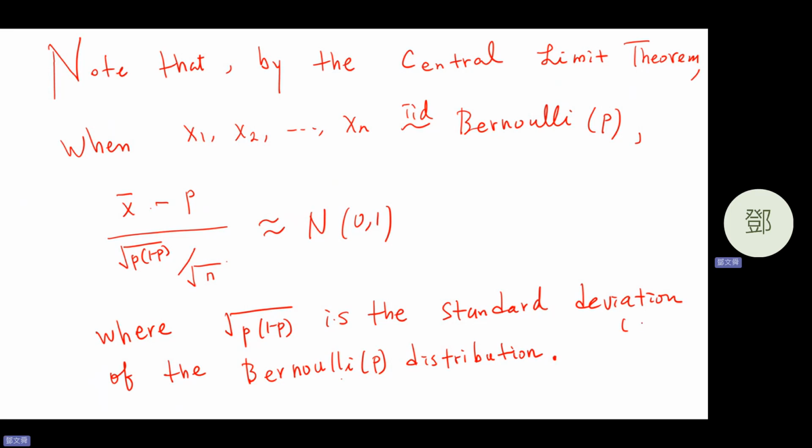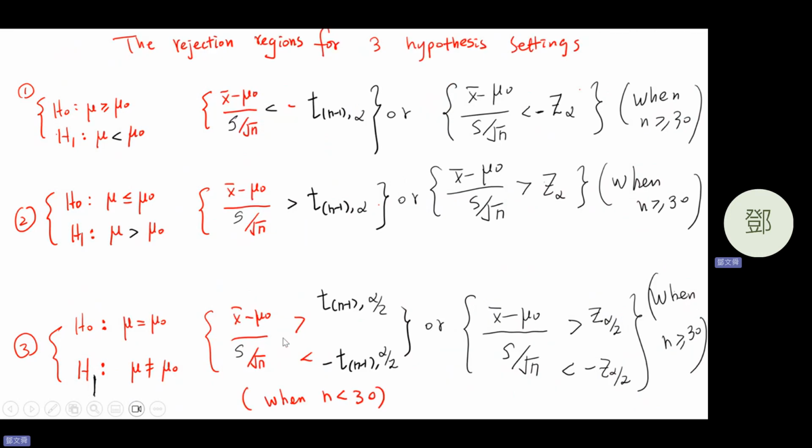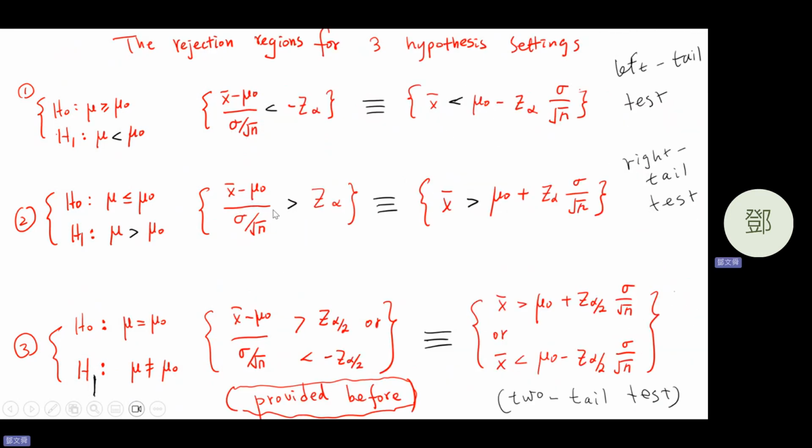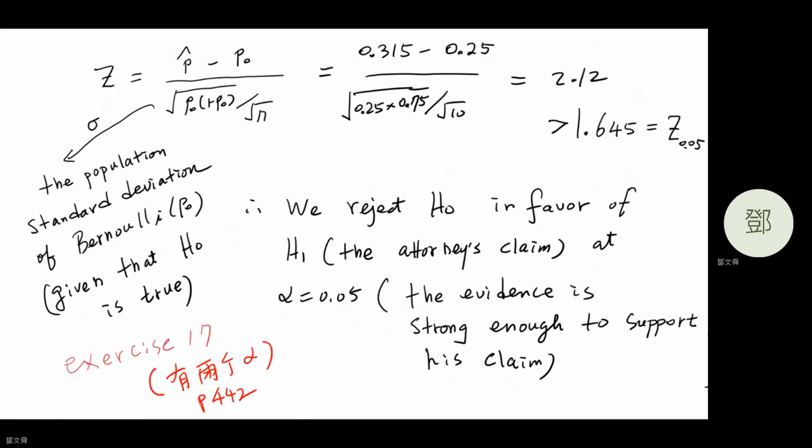What is the standard deviation? Standard deviation is often denoted by sigma. So this term is in fact sigma. So the formula is not so different from this formula or this formula. Understand? And P hat is identical to X bar.